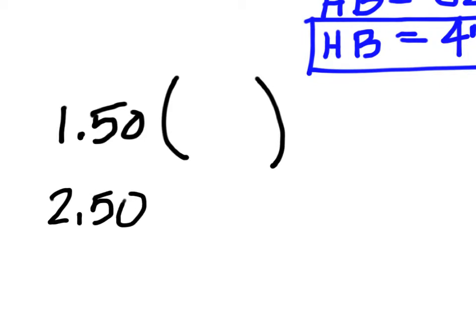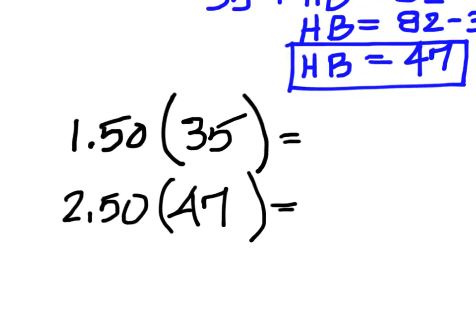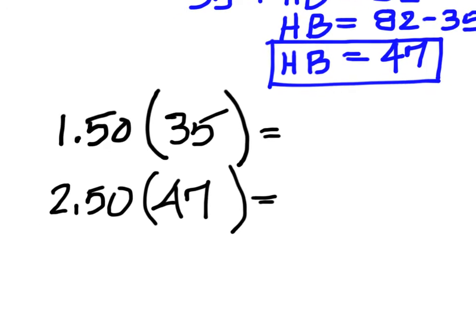How many hot dogs did we sell? 35. And how many hamburgers? 47. So let's figure out what the new sales would have been. $1.50 times 35 is $52.50.